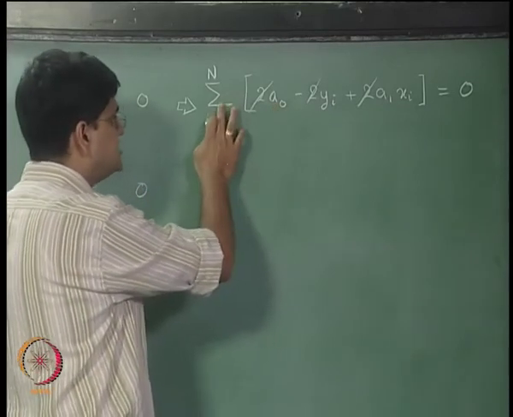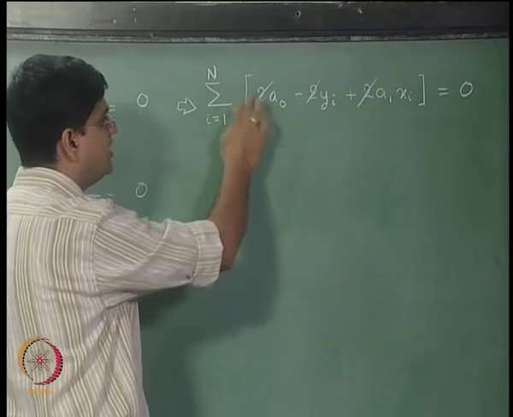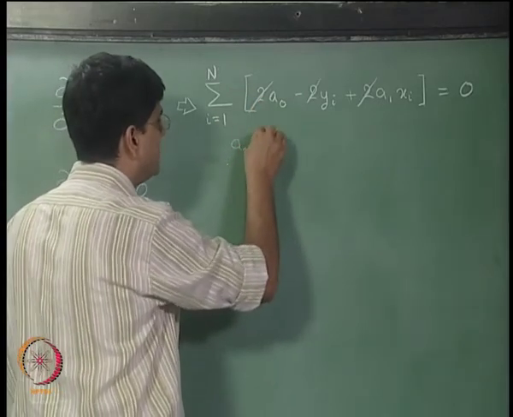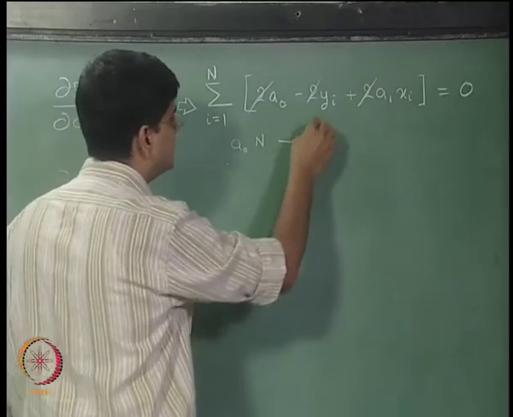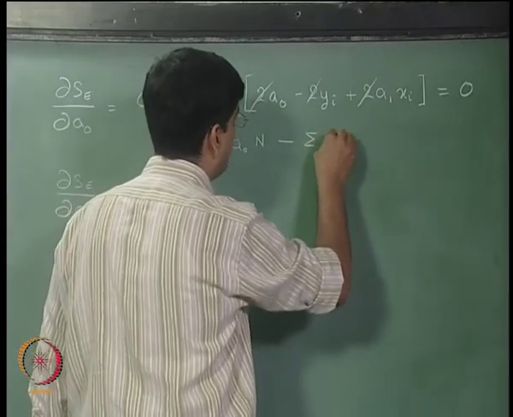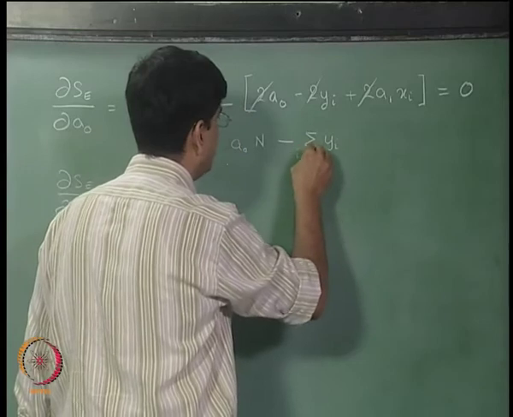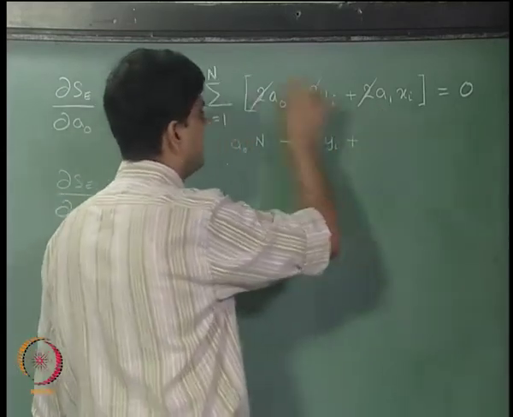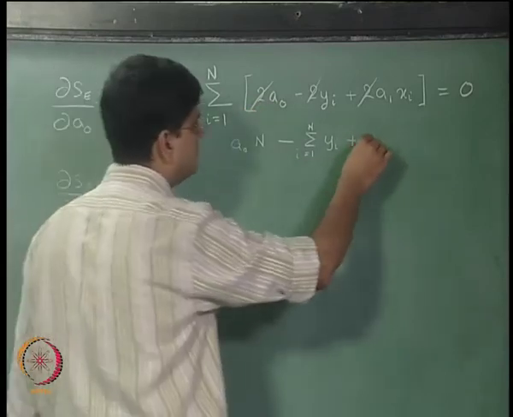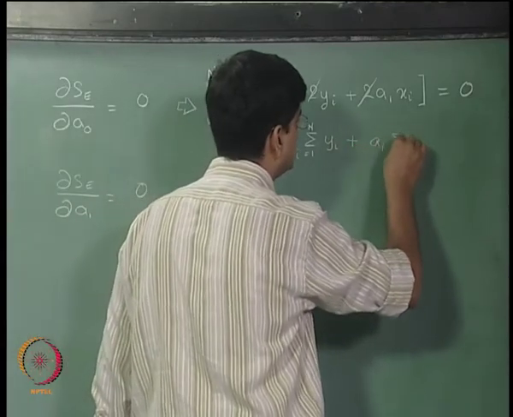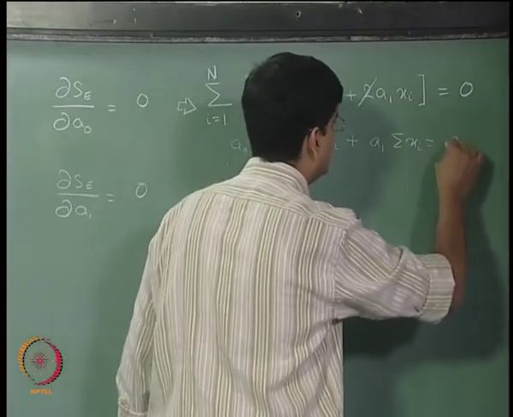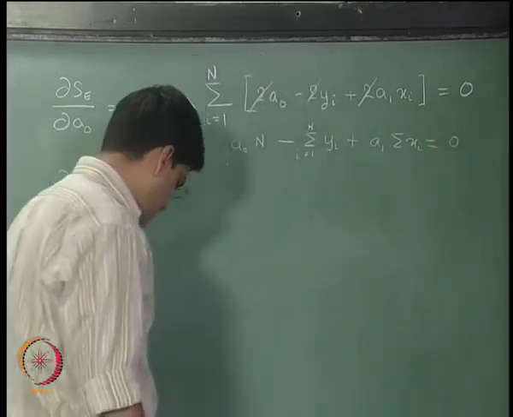So a0 summation i equal to 1 to n of 1 is going to lead us to a0 multiplied by n, minus summation of yi, i equal to 1 to n, plus we take a1 out of the summation. So we will have a1 summation of xi, equal to 0. So that is the first equation.